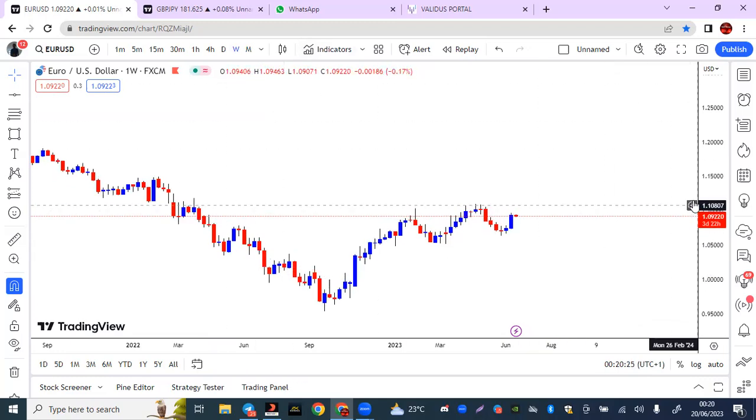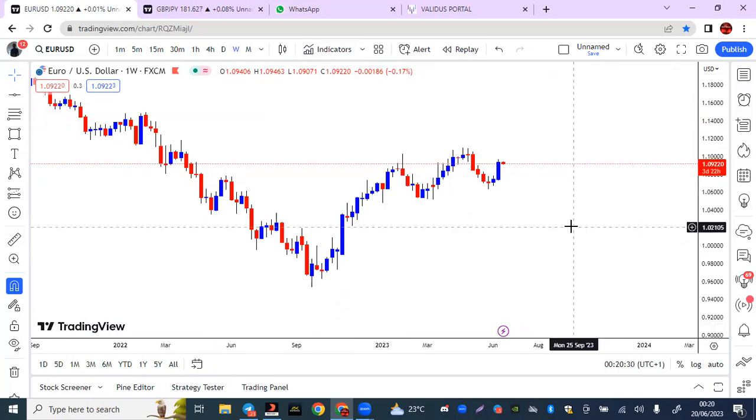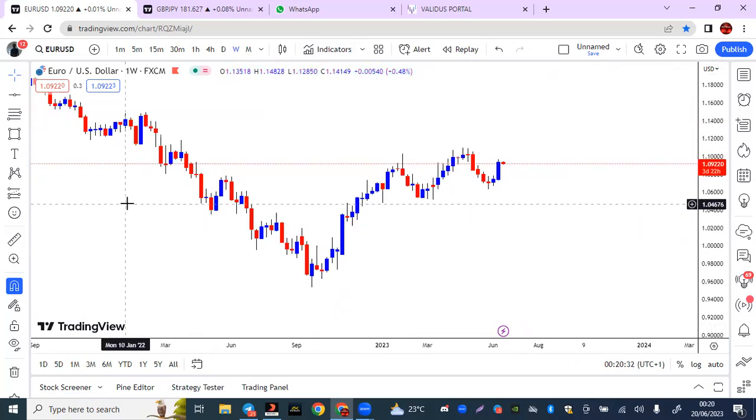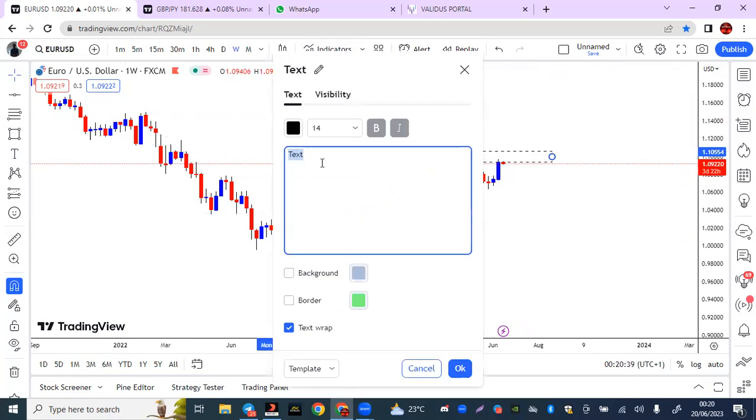Before I talk about market structure, we are going to talk about uptrend and downtrend, and their definitions. We're going to define an uptrend first.